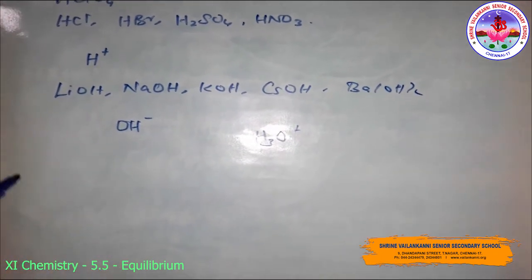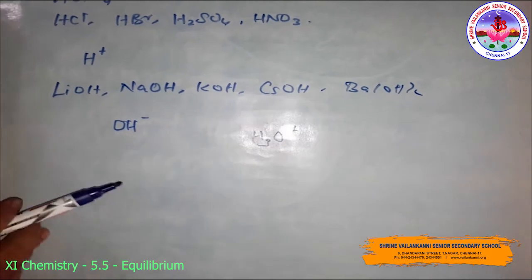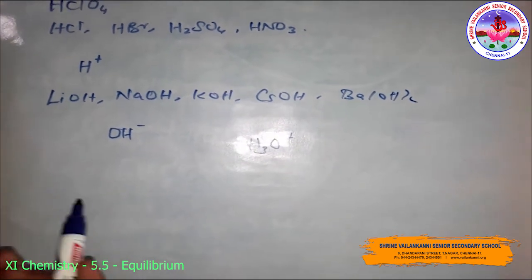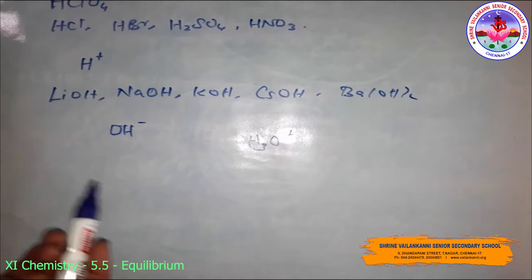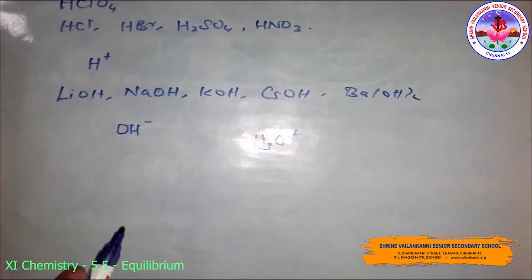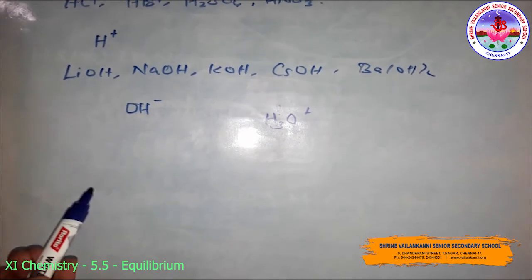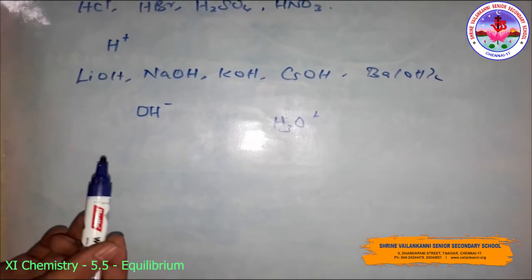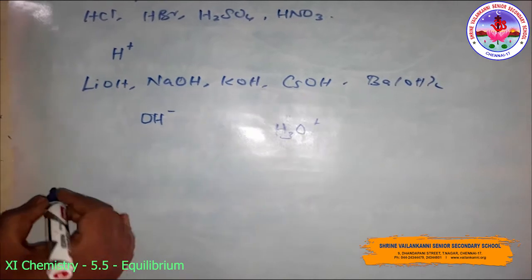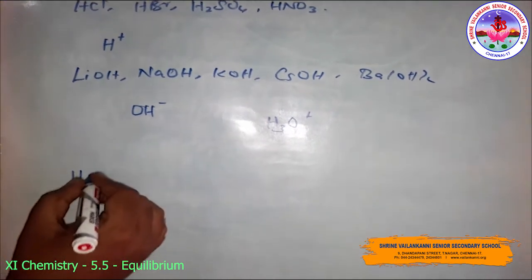Alternatively, the strength of an acid or base may also be gauged in terms of the Bronsted-Lowry concept, wherein a strong acid means a good proton donor and a strong base implies a good proton acceptor. See, look at this reaction example.